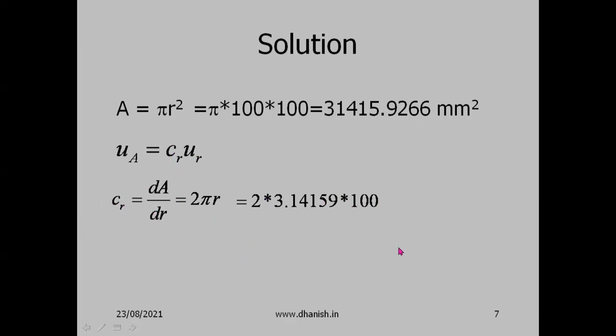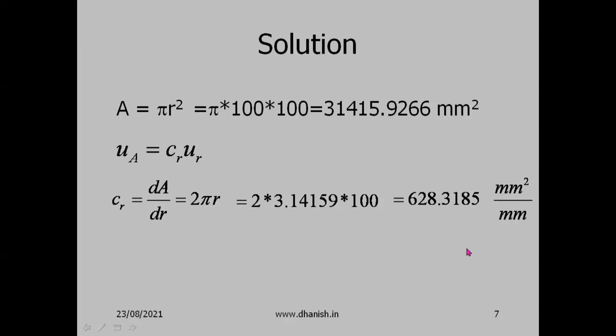So dA by dr is this. And remember, sensitivity has a unit. If you choose the wrong units here, especially in case of angles, you have to be careful. It can be radians or degrees. You have to use radians to get derivatives correctly, especially when sine, cos and so on are there.